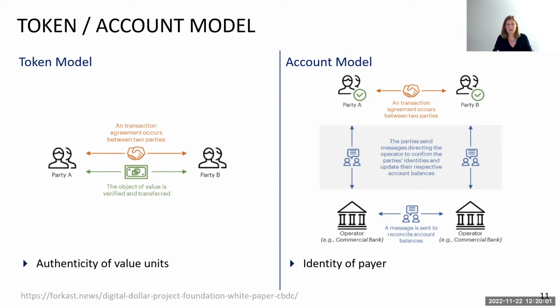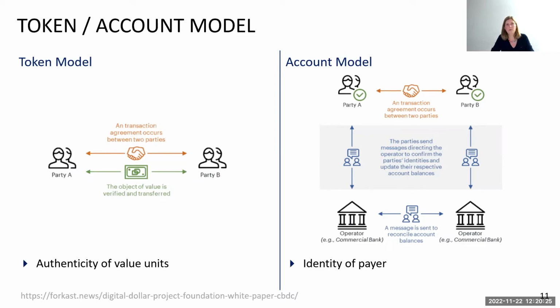So we're not talking about the blockchain view of token or account-based systems, right? Rather, this distinction between token and account-based model is borrowed from the distinction between account-based and value-based payment systems. So it's not the same.